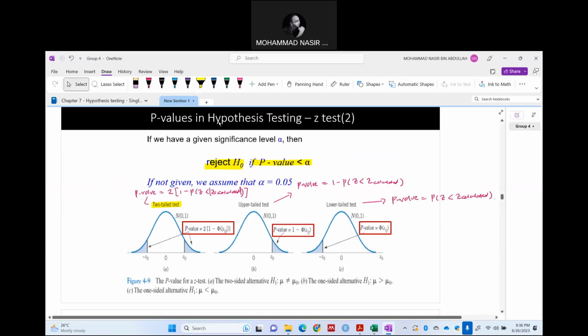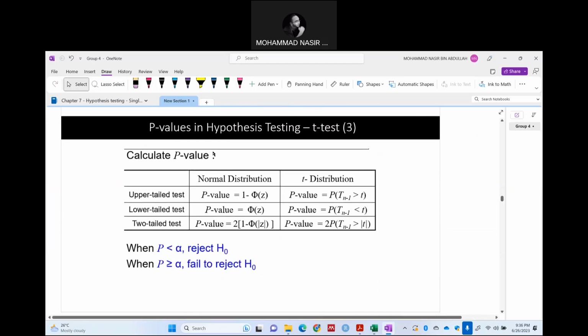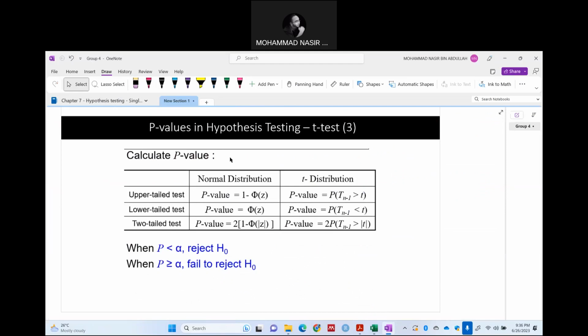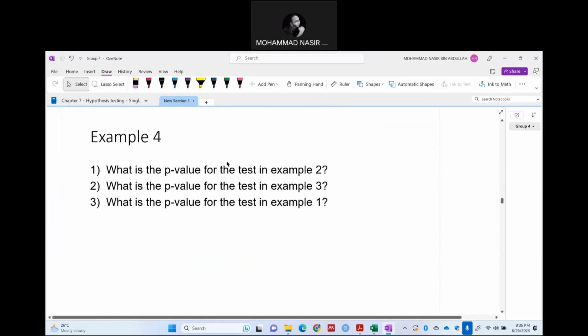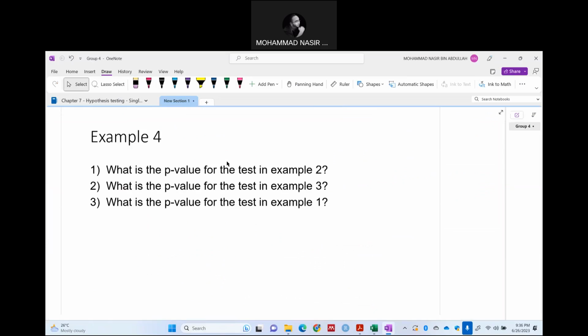Right. So now, this is for the t-test, but we're going to look at this tomorrow. In tomorrow's lecture we look at the t-test. For today we look at the z-test only. So now let's look at example number 4. We try to calculate the p-value for examples number 2, 3, and 1.